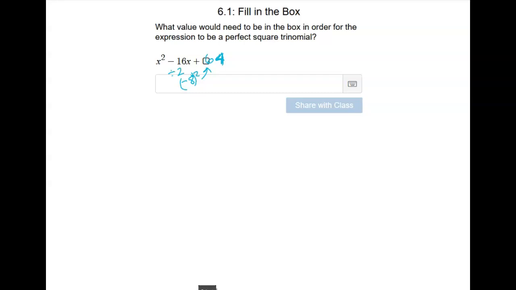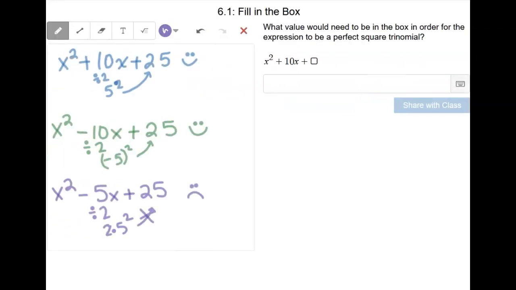For the next one, we have x squared plus 40x plus something. Half of 40 is 20, and when we square it, we get 400. Really quick, the other thing I want you to look at is, if I jump back, we know this is 25.